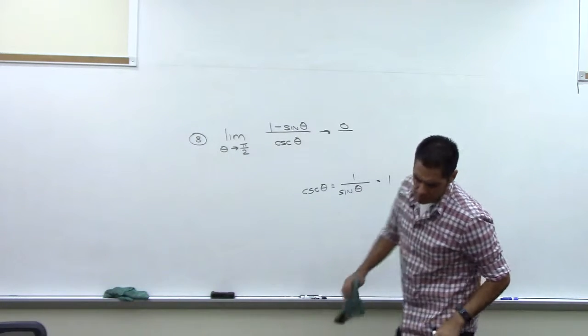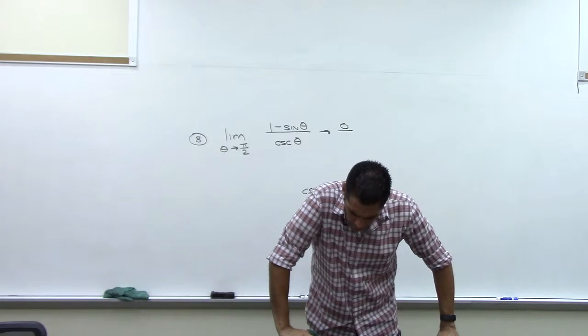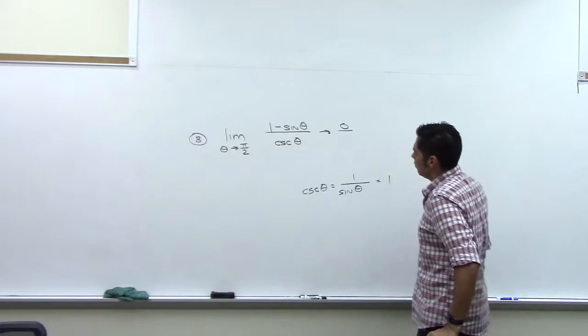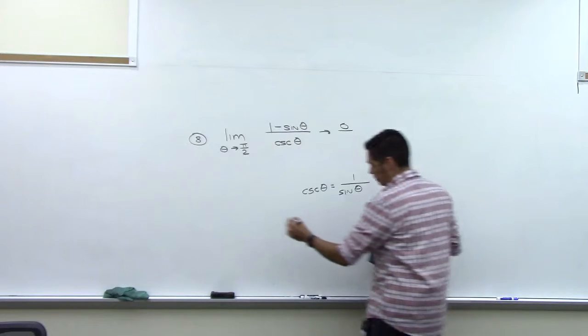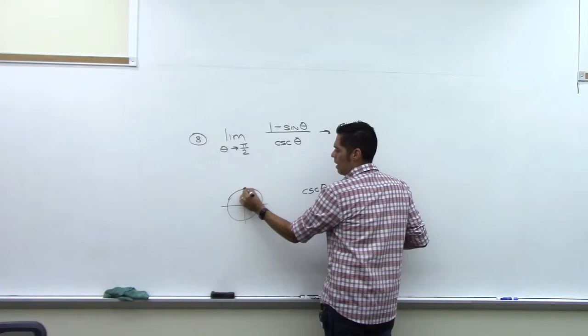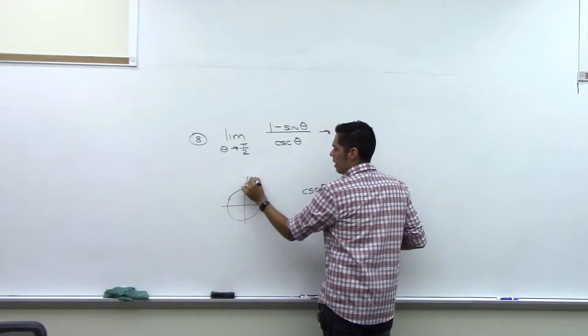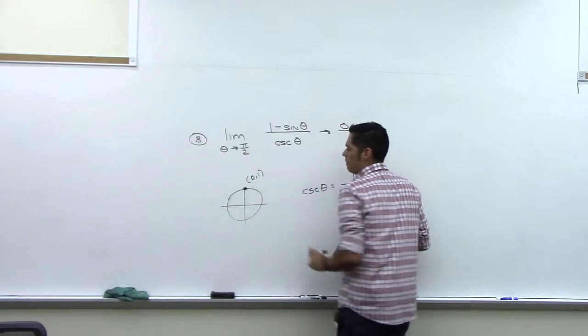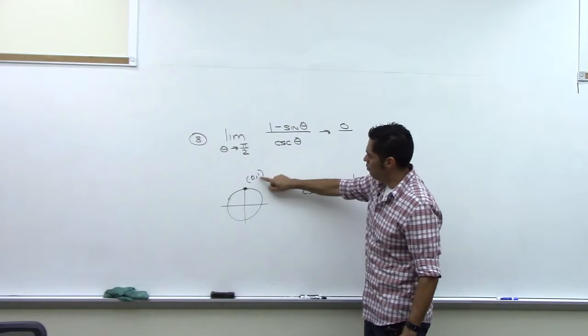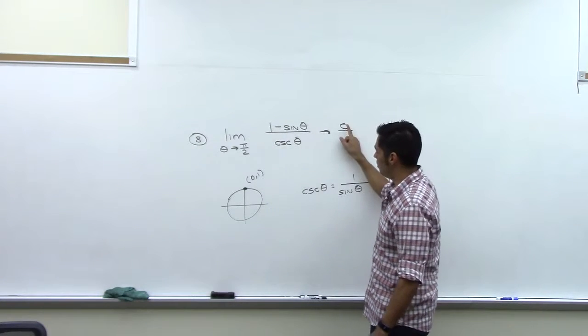Let me see if I wrote that down right. Okay, I'm just double checking this because we don't have to do anything here. Here's pi over 2. We got the x coordinate and the y coordinate. So sine of pi over 2 is the y coordinate, that's 1. 1 minus 1 is 0.